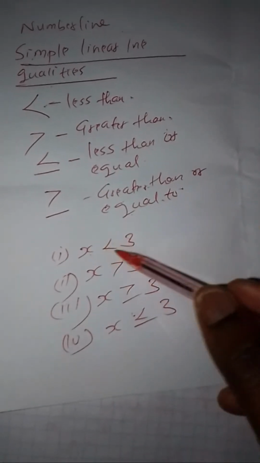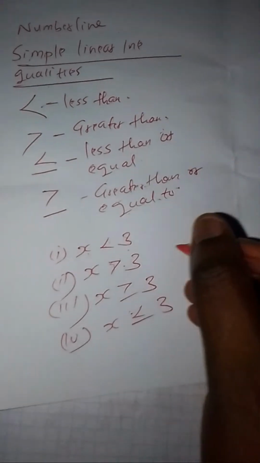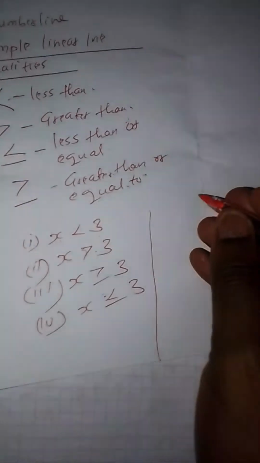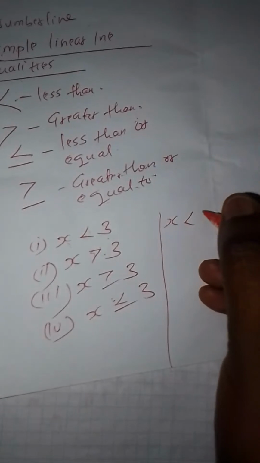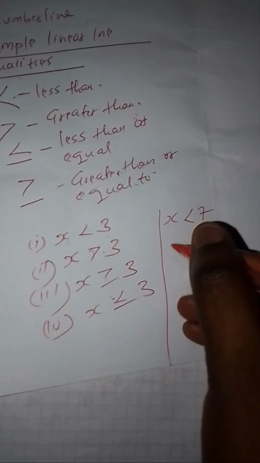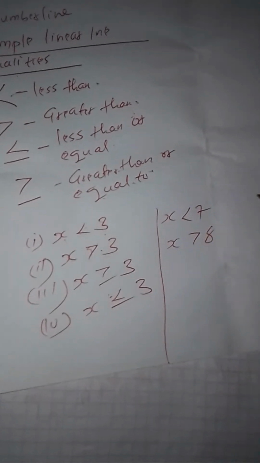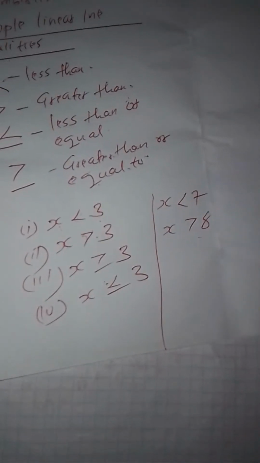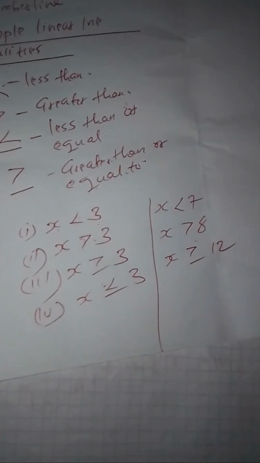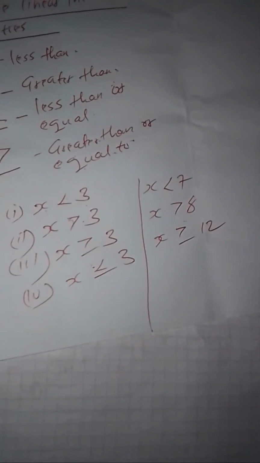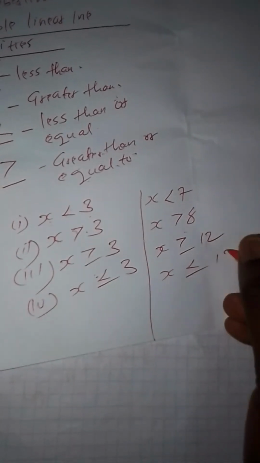Not only x is less than 3 or x is greater than 3, you can also have others, whereby you can say that x is less than 7, or x is greater than 8. You can also say that x is greater than or equal to 12, or x is less than or equal to 13.